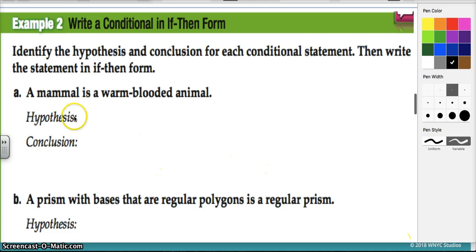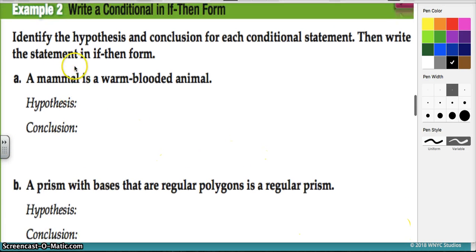Over here we're going to write a conditional in the if-then form. So we need to be a little bit more attentive to what's going on. We have a conditional statement: a mammal is a warm-blooded animal. I could see rewriting this as: if an animal is a mammal, then it is warm-blooded. So our hypothesis is that we have an animal that is a mammal.